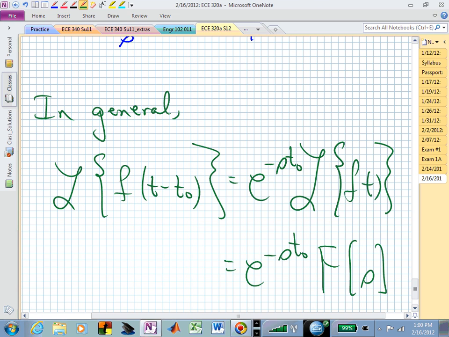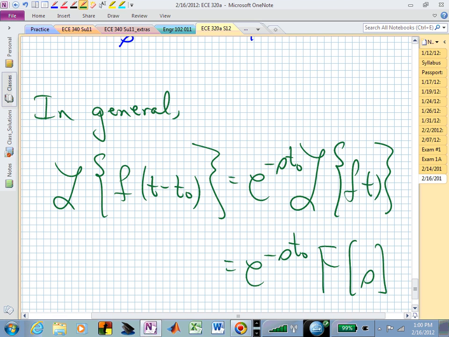If you now know that a waveform, a signal, has a certain Laplace transform, and somebody says, here's a delayed version of that signal, all you have to do to find that delayed signal's Laplace transform is scale it by e to the minus s t naught, and you have it.